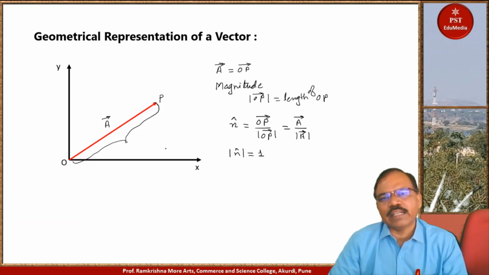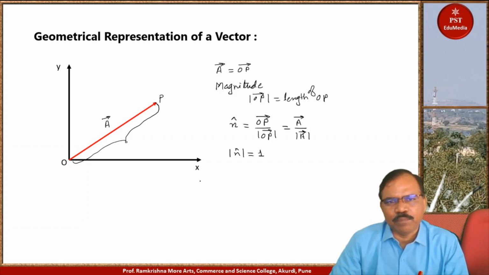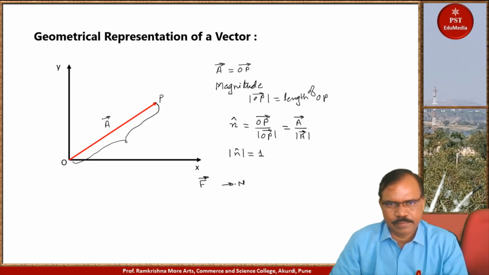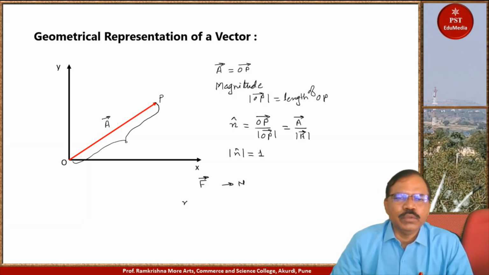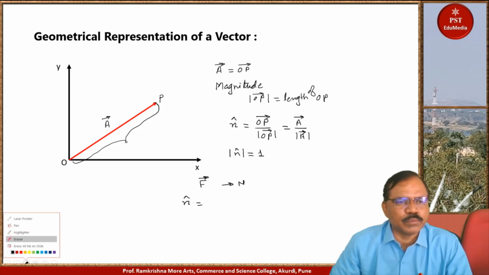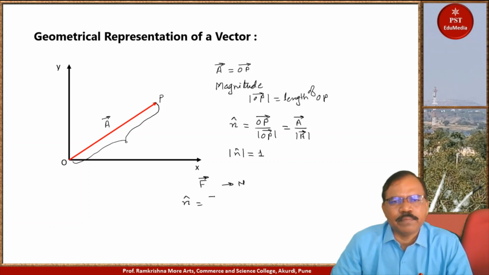Now see here, a vector can have a unit. If we take force as a vector, suppose its unit is Newton. The unit vector for force is F upon its magnitude. Now F is in Newton, and the magnitude is also in Newton.